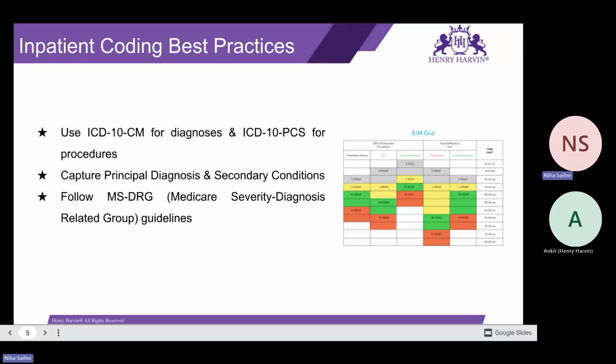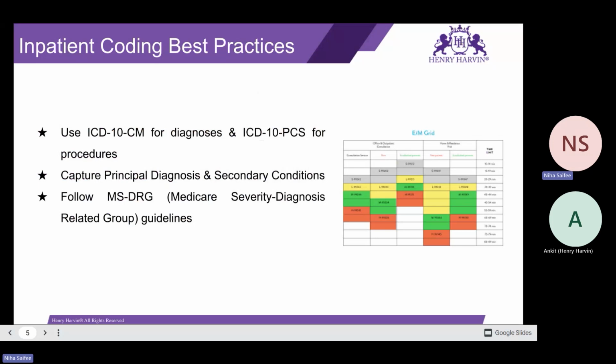Say the patient has a long standing history of diabetes and has also developed arthritis. When the patient is coming in the OPD for regular follow-ups, in that scenario I'm going to say that the patient's primary diagnosis is diabetes mellitus and secondary diagnosis is arthritis.